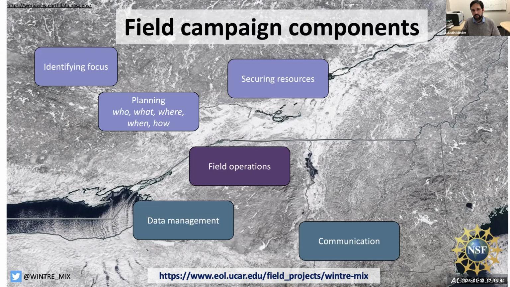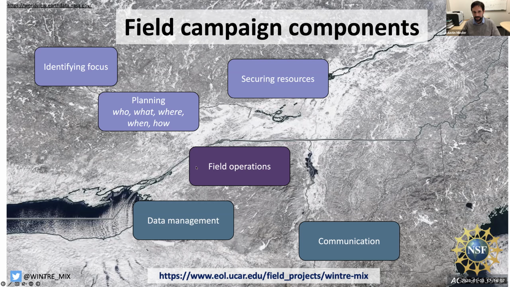So I tried to think through what are the major components, the major pieces you need to put together to have a successful field campaign, and I've put them here in these little boxes. I've intentionally not put them in a clear order because they don't necessarily all happen in order, but generally with the colors, there's the things you do on the top before the actual field observations.